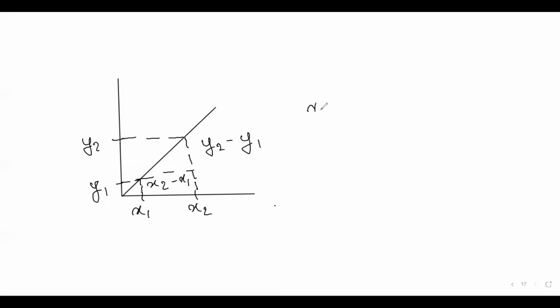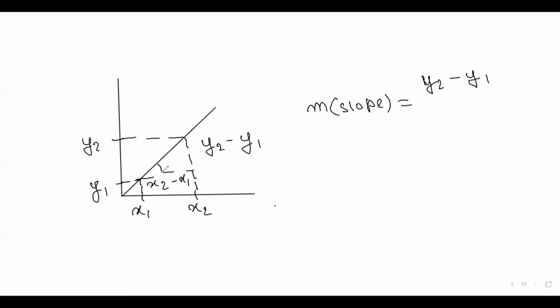So here m, which is known as slope or gradient, is defined as y2 minus y1 divided by x2 minus x1.